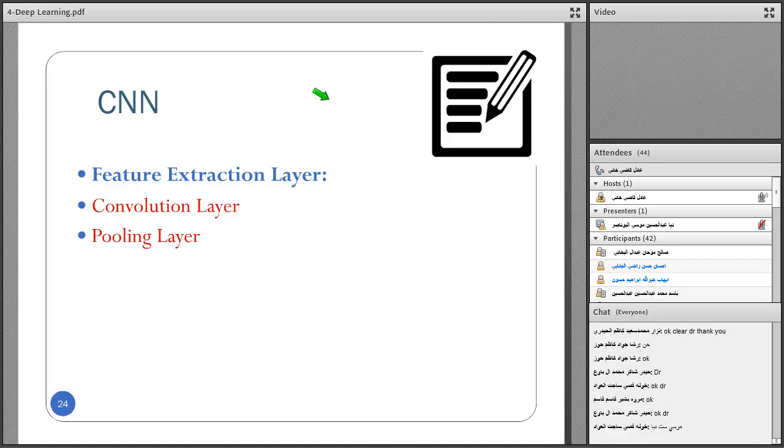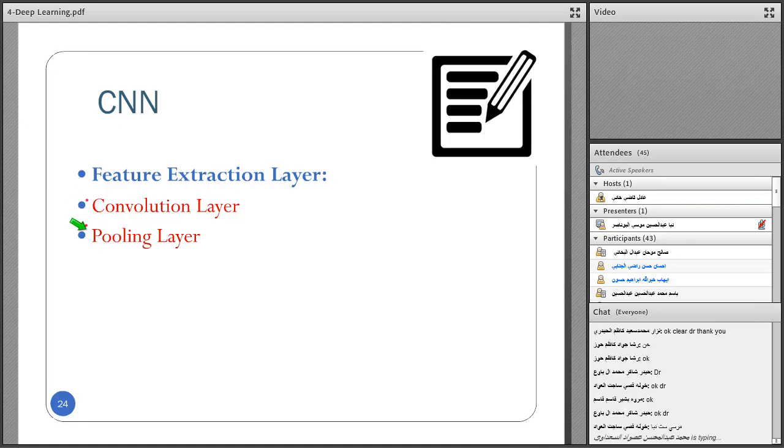In the CNN, we said that the main operation in the CNN neural network is the convolution. We talked about the convolution. The convolution is generating some features for us. This is what the convolution layer is doing.